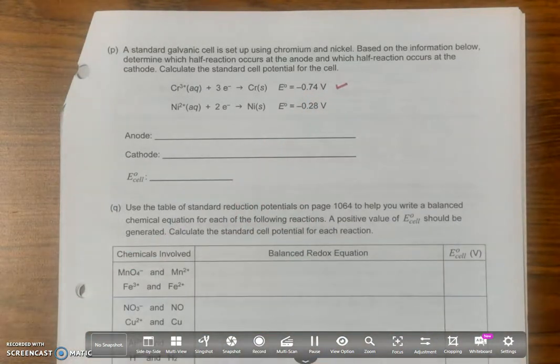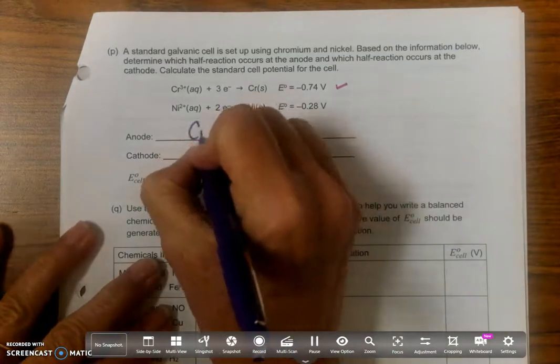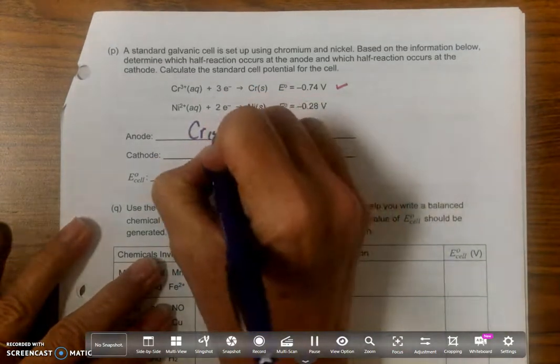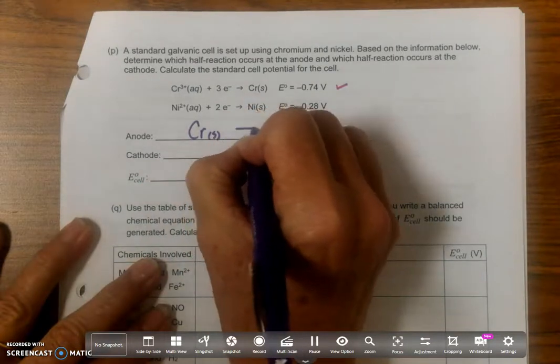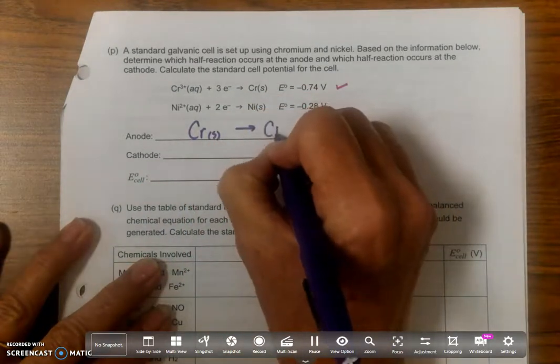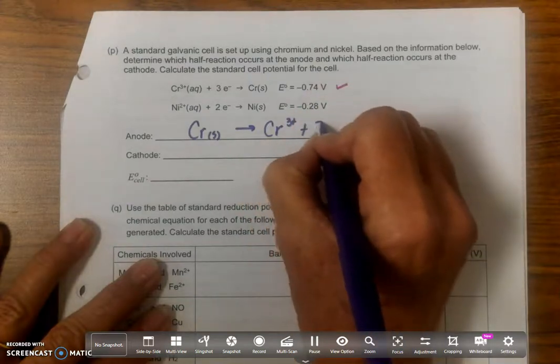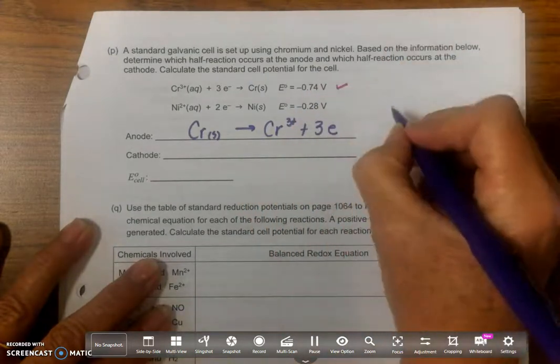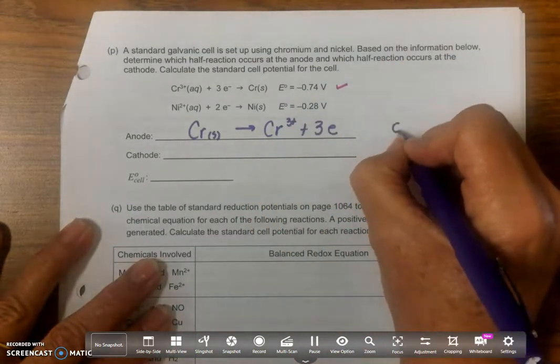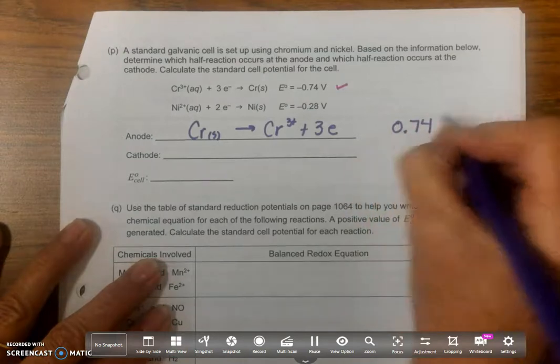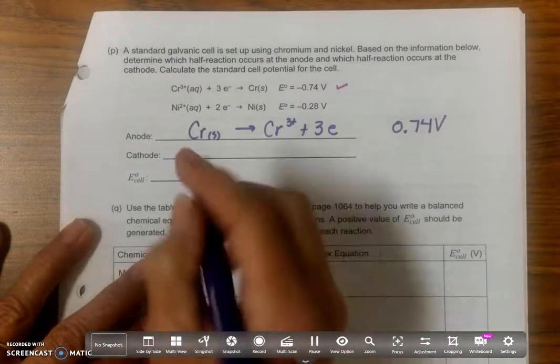So I automatically know that I'm going to flip this one. So when I flip that one, that is going to be what happens at my anode. I'm going to take chromium solid, and it's going to go to chromium 3+ plus 3 electrons. Now, this would be 0.74 volts.